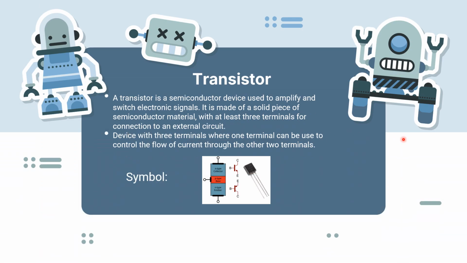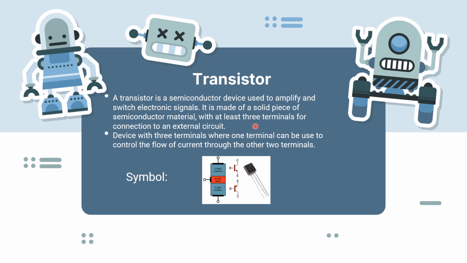Okay, I want to introduce the most important and widely used component in electronics, the transistor. A transistor is a semiconductor device used to amplify and switch electronic signals. It is made of a solid piece of semiconductor material with at least three terminals for connection to an external circuit.